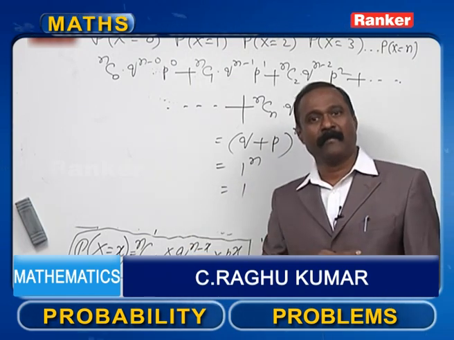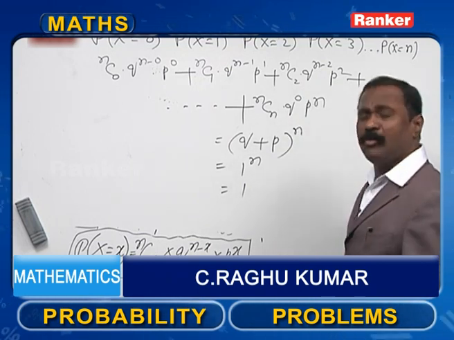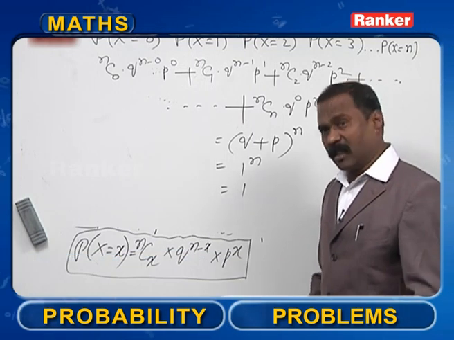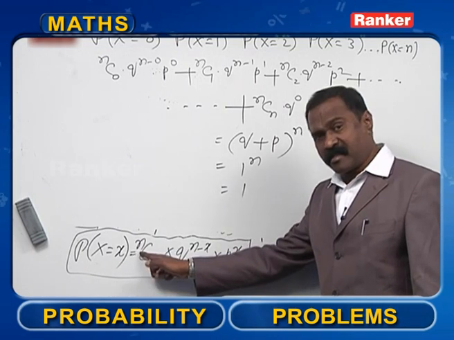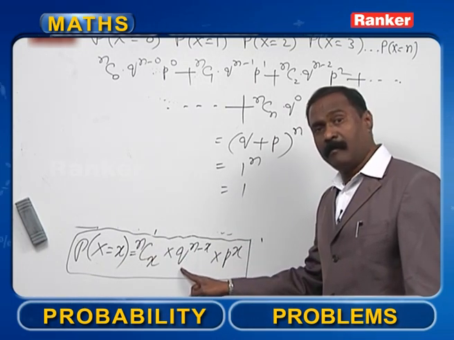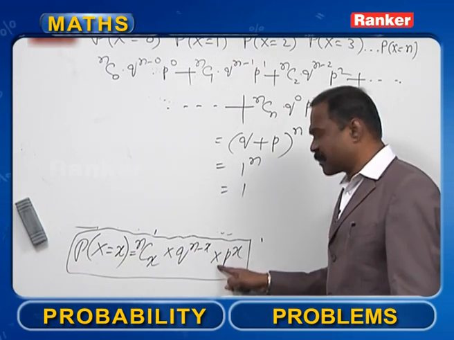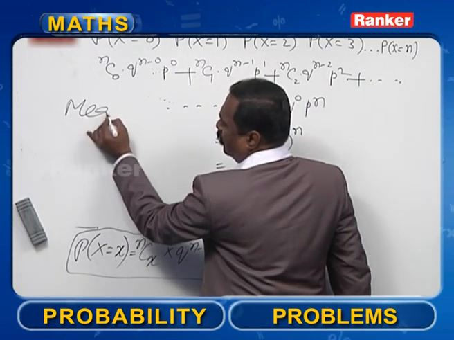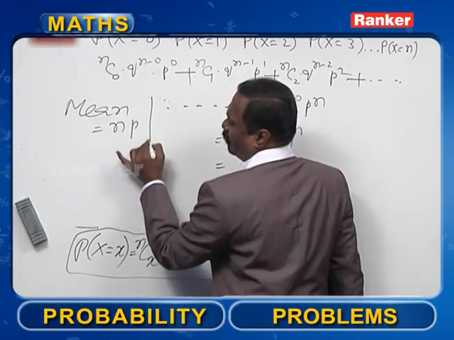of this binomial distribution. Okay, so in this one also, whenever you want to apply this formula, what are the terms to be known? Number of successes, number of trials conducted, the probability of failure in one trial, the probability of success in one trial. You must know this. Now, for this also, you have mean defined to be np.